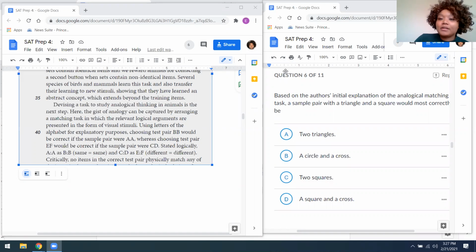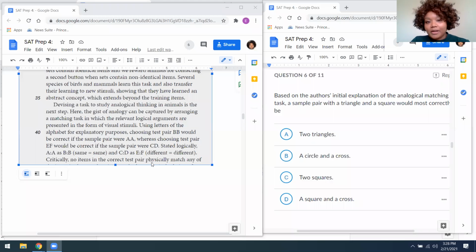Yes, I was going to ask. As you said, A and C, you can automatically eliminate those because they're the same. Now, B and D, D is a square and a cross. Those are obviously 2 different shapes, but D can't be right because, as seen in line 1, 2, 3, it says C is to D as E is to F. So C and D is one pairing, E and F is one pairing.